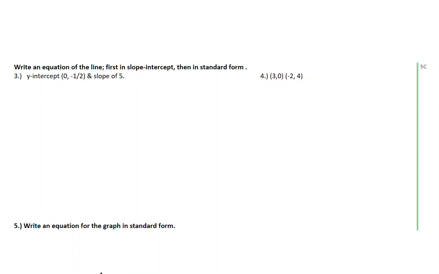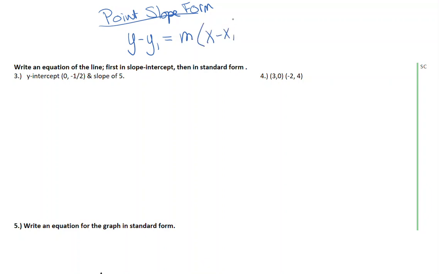The third form of a linear line that we're going to talk about is called point-slope form. This is an important one, especially when we go to write an equation for a line. Point-slope form looks like y minus y1 equals m times the quantity x minus x1.